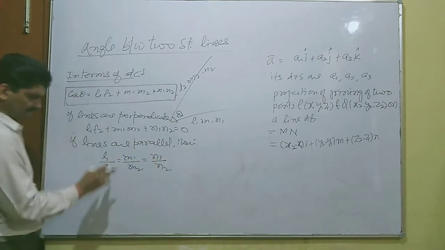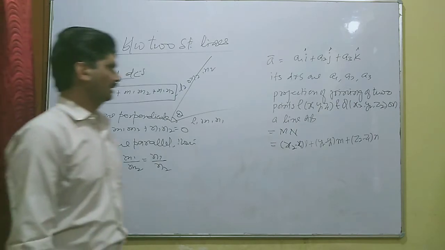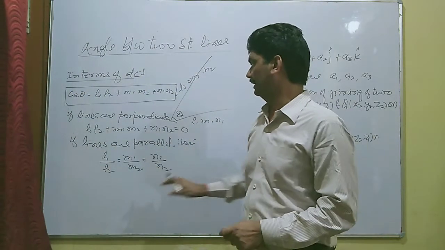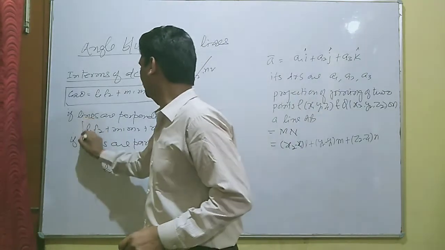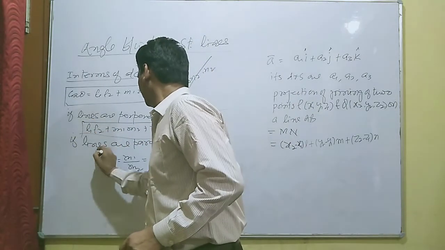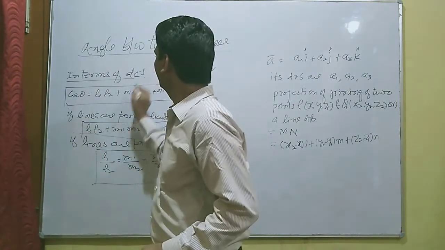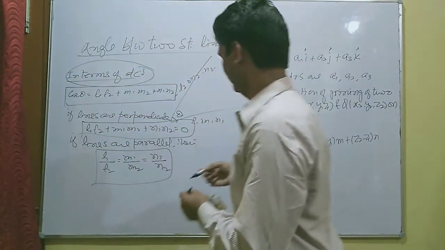This is the condition of parallelism. If two lines are parallel, this is the condition; if perpendicular, the earlier one. This is what we read in terms of direction cosines.